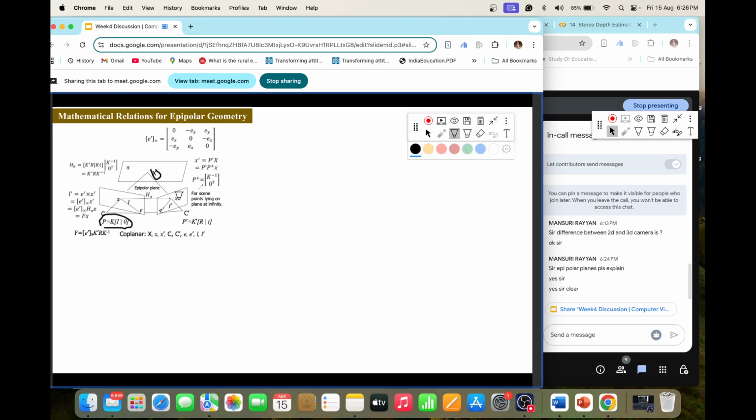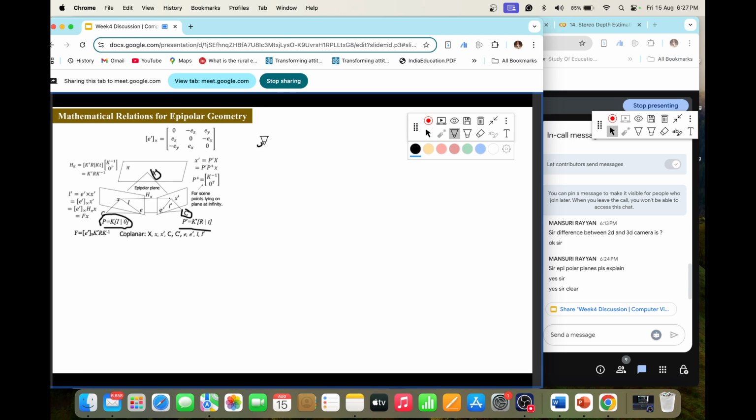Similarly, what will be x dash? x dash is also easy. x dash is the image point of capital X in the right image plane, formed by camera C dash. So x dash will be equal to P dash, the projective camera matrix for camera C dash, into capital X. So two things, very easy.